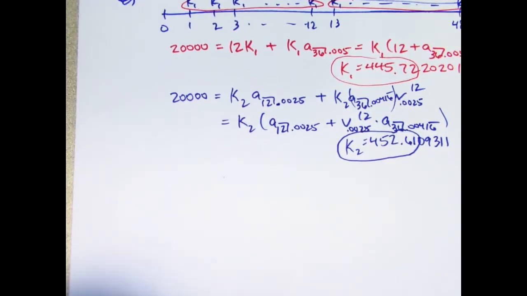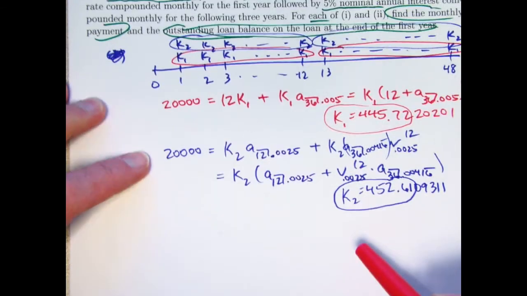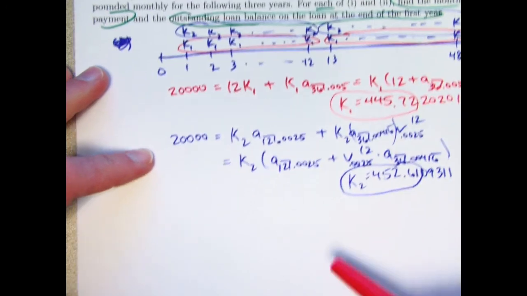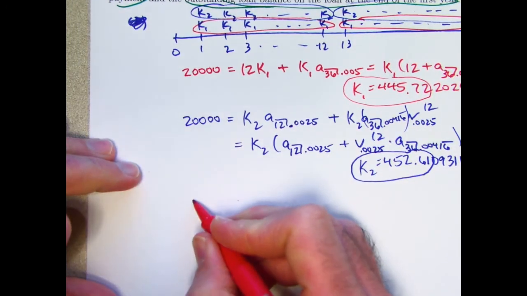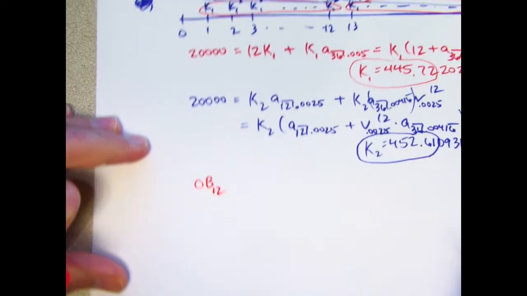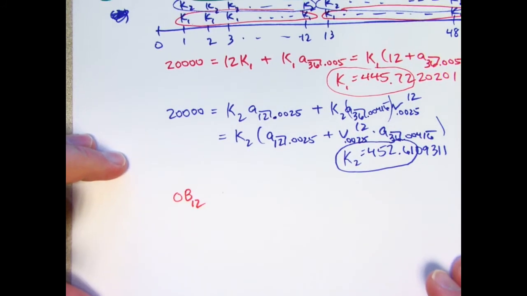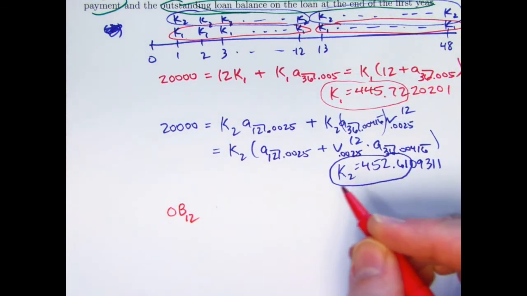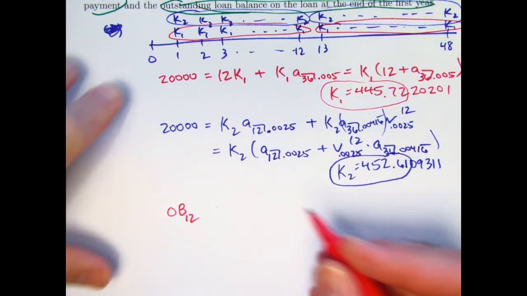Let's now find those outstanding balances for both options here. Balance at the end of the first year after 12 months. Option 1, we'll do in red here. Outstanding balance at time 12. Since there's 0% interest for the first year, it's probably best to do this with the retrospective method.